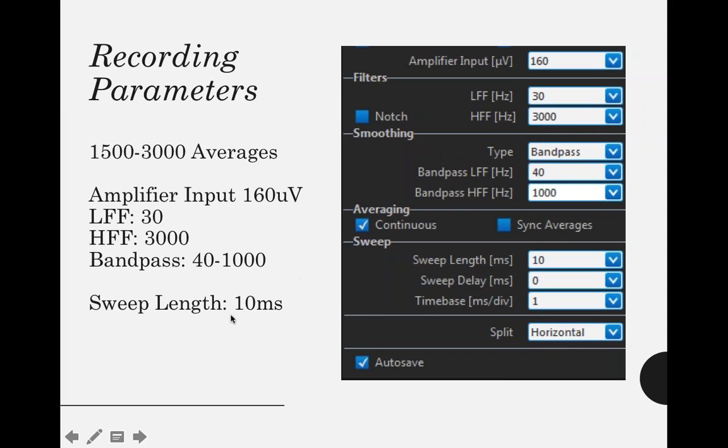Your sweep length, you're going to be recording for 10 milliseconds, and your time base is going to be 1 millisecond per division. This is going to center your brainstem auditory evoked responses right in the middle and give you a nice looking screen.